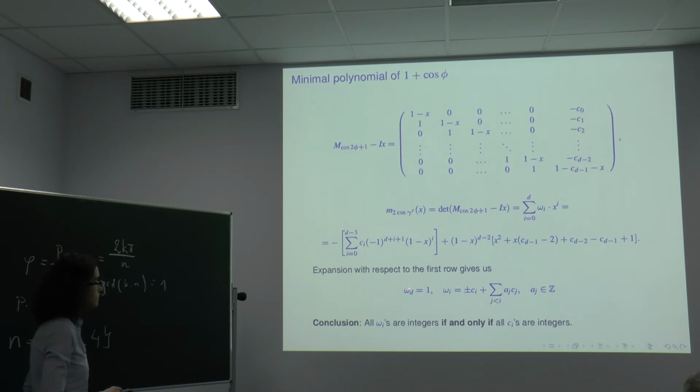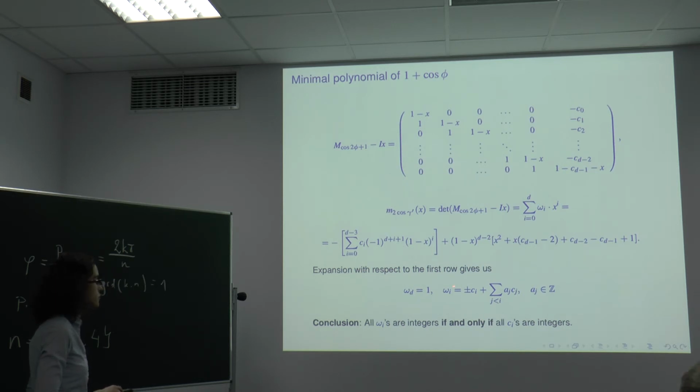The coefficient omega d, which is the coefficient with the highest power of x, is of course equal to 1, which is a good result because it is a minimal polynomial, and minimal polynomial is monic.